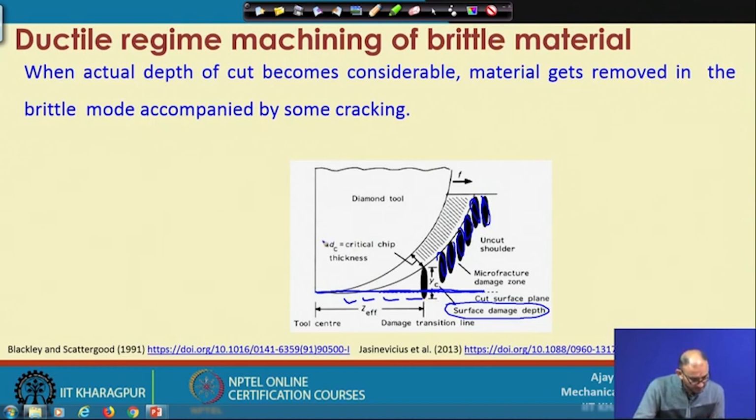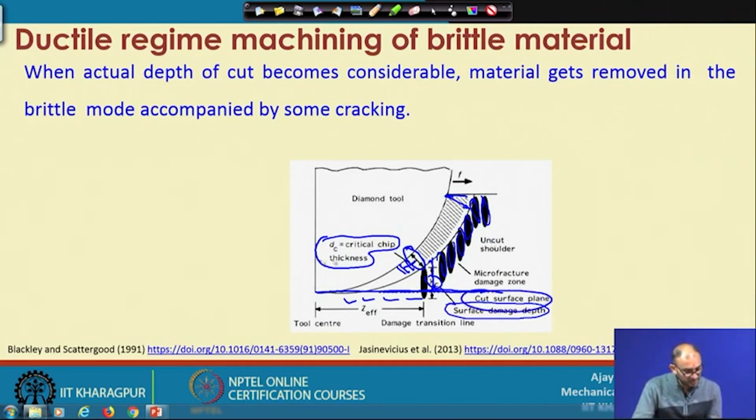Now, this is called the critical chip thickness. You can see the chip thickness is variable, 0 at this location, maximum at this location. But this is the one location which is very critical, because if you do machining below this level, anywhere here, then this YC will be within this zone, on the surface, and it will not cross the cut surface plane.